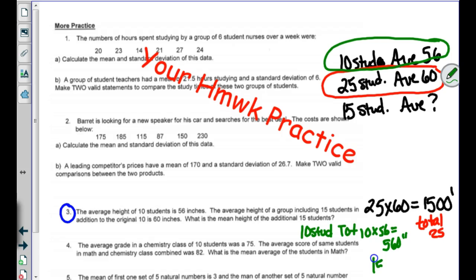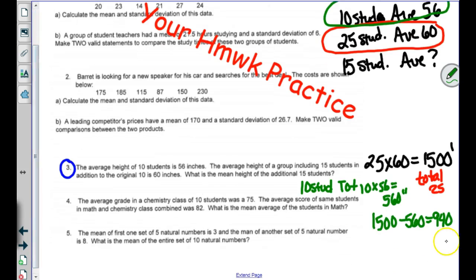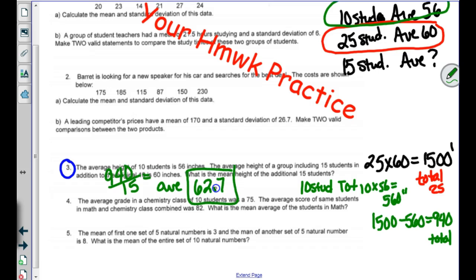So if we subtract, what does that come out to? Okay, 940 is the total of the other 15. So 940 divided by those other 15 meant their average was what? Did anybody else get that? Is anybody else awake and doing this?